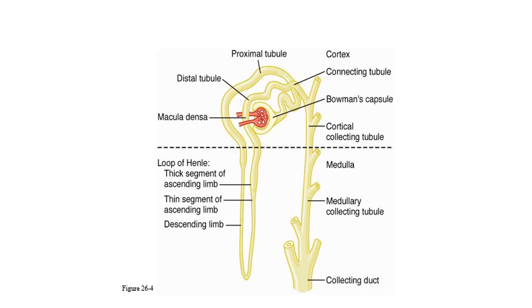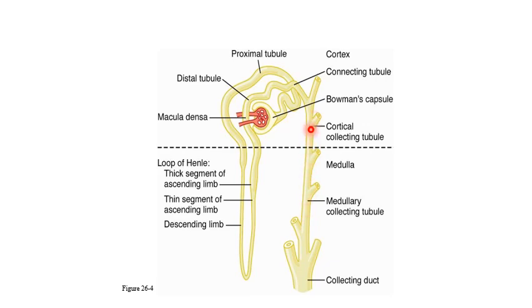So the main components of the nephron, the functional unit of the kidney, are, as we mentioned, the blood supply, which is an important part, as well as the nephron structure that is composed of a capsule, which is called Bowman's capsule, and a tubular structure that starts with the proximal tubule, then the loop of Henle, then the distal tubule, and then we have the connecting tubule and the collecting tubule.